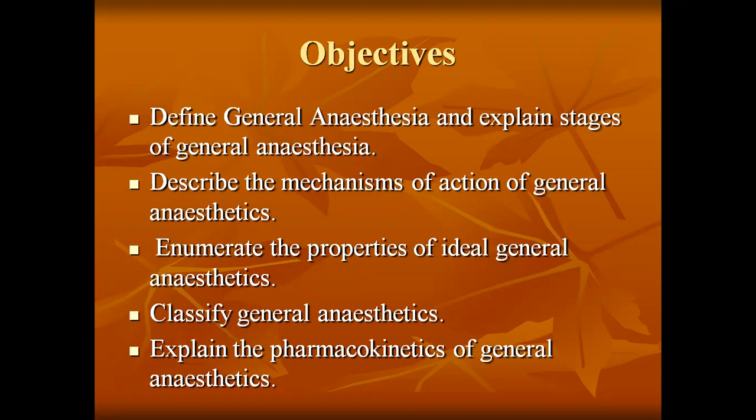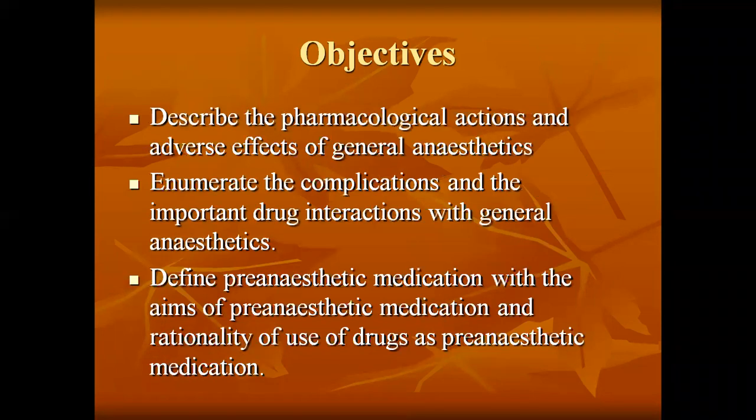You should know the properties of the ideal general anesthetics, explain the pharmacokinetics of general anesthetics, describe pharmacological actions and adverse effects of general anesthetics, enumerate the complications and the important drug interactions with general anesthetics.